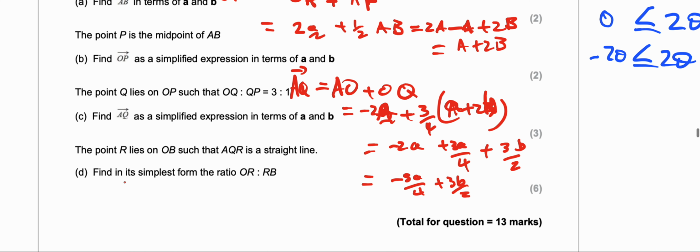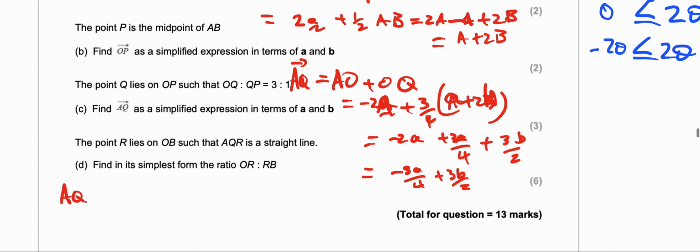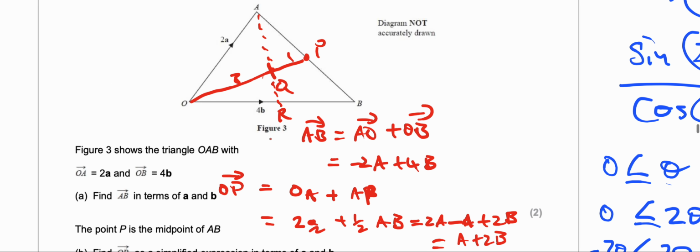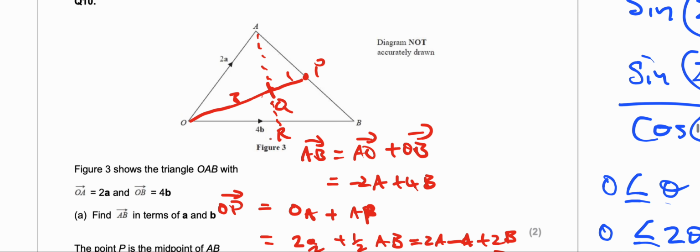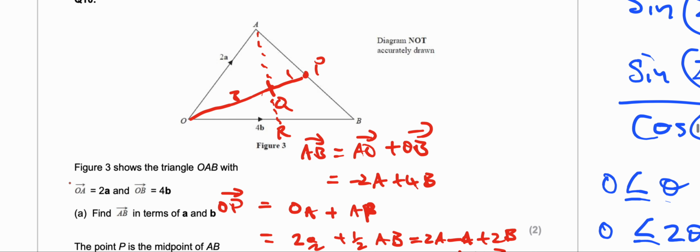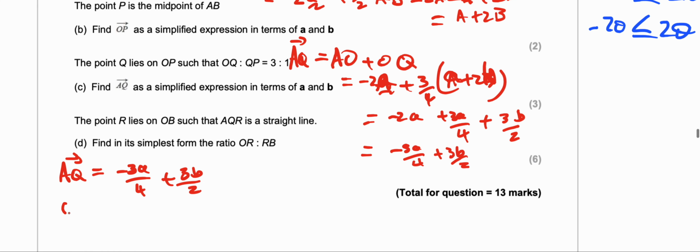So we know that AQ is minus 5a over 4 plus 3b over 2. And we know that QR is some multiple of that. So let's say QR is k times minus 5a over 4 plus 3b over 2.